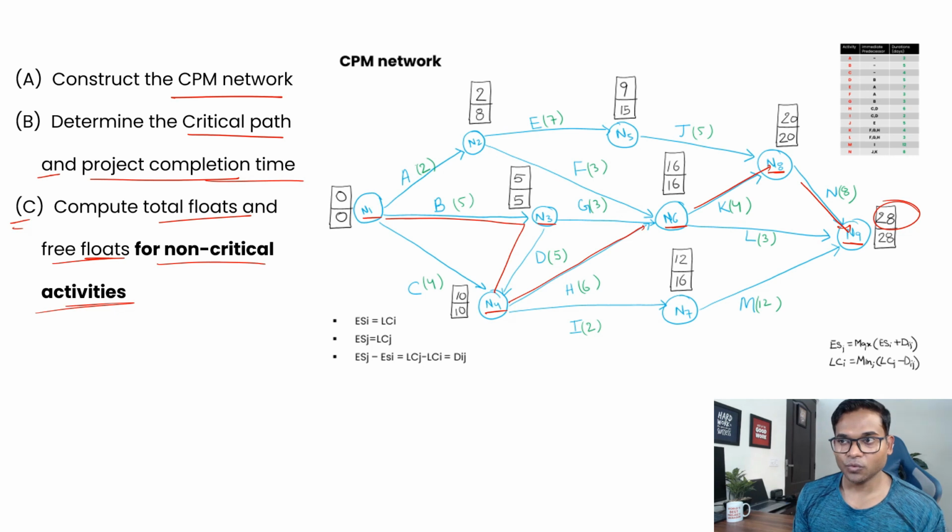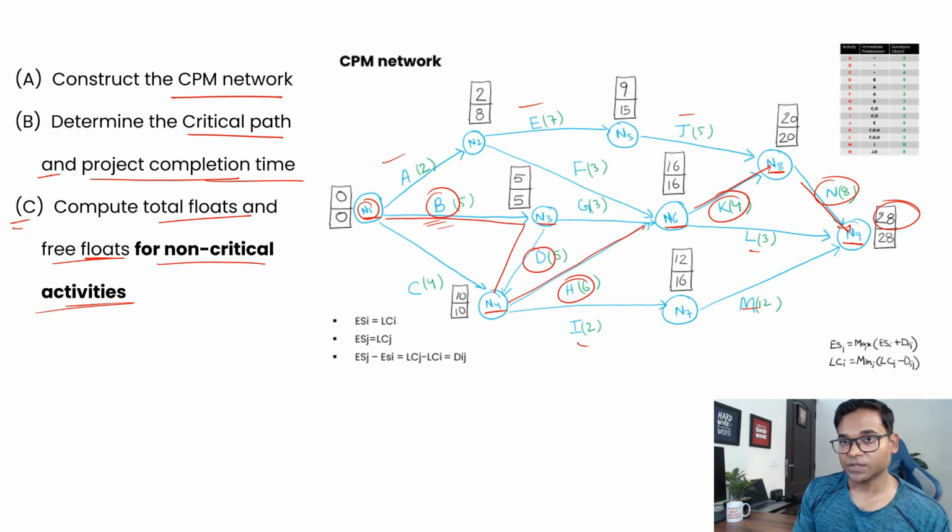Before going into the calculation of free float and total float, one thing I would like to emphasize here: B, D, H, K and N are all your critical activities, and other activities like A, E, J, L, M, I are your non-critical activities.